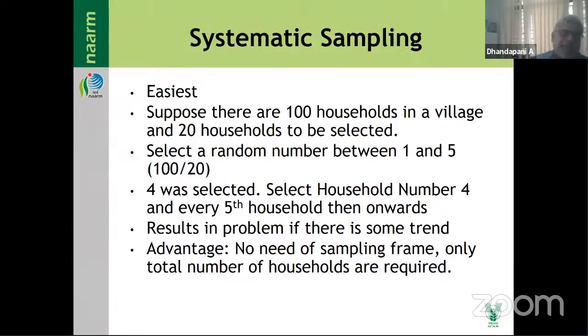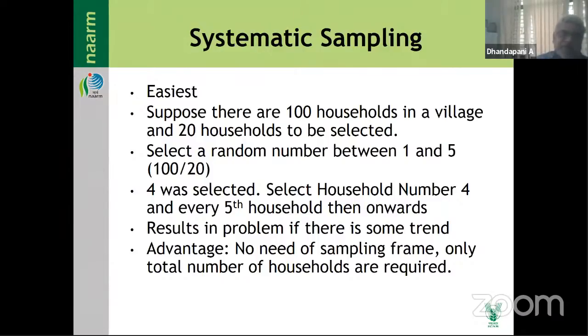But one point I was making in the beginning is about the sample size and the standard error. In systematic sampling, there is no relationship between sample size and standard error, in the sense that if you increase the sample size, there is no guarantee that your sampling error will come down. But in all other sampling procedures, the relationship holds good.